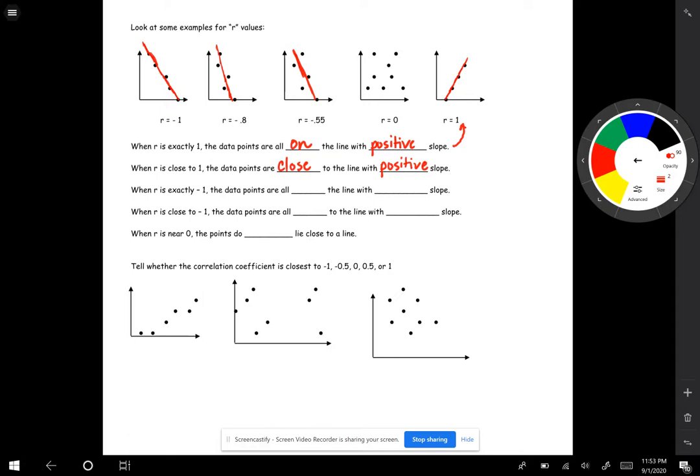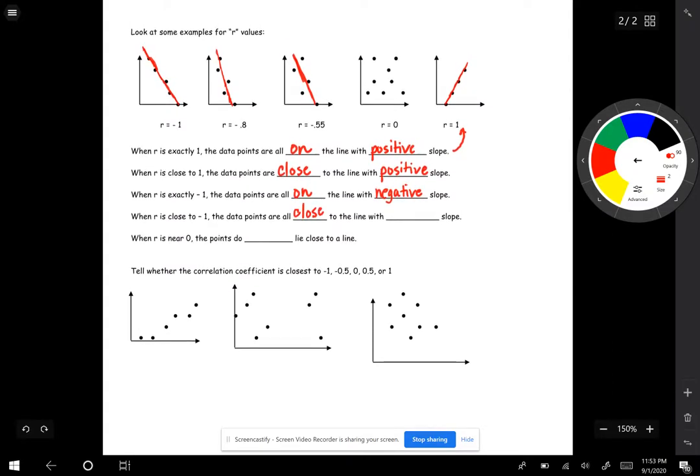When r is exactly -1, the data points are all on the line with a negative slope. That's the first picture because really, honestly, that's about as close to -1. It's probably like negative 0.99, and the points are really close together. When r is close to -1, like the second picture, the data points are all close to the line with a negative slope.